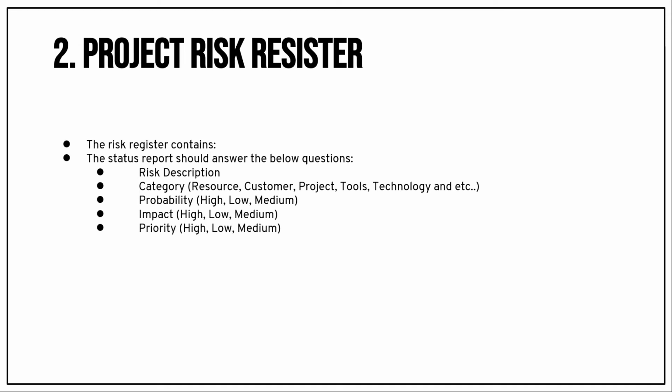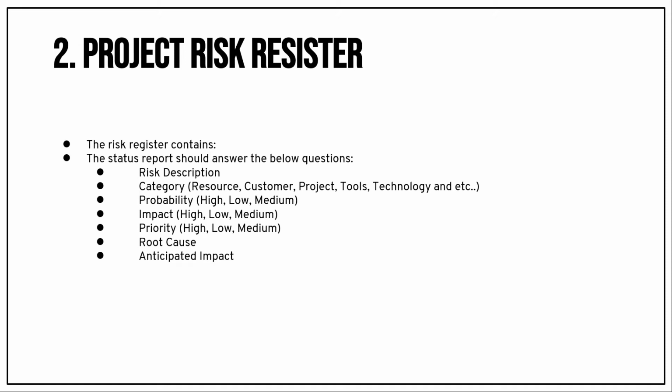Then priority. When we have multiple risks, we need to prioritize them, and we need to identify the root cause. Then only will we know the solution for how to solve the risk and how to mitigate it.